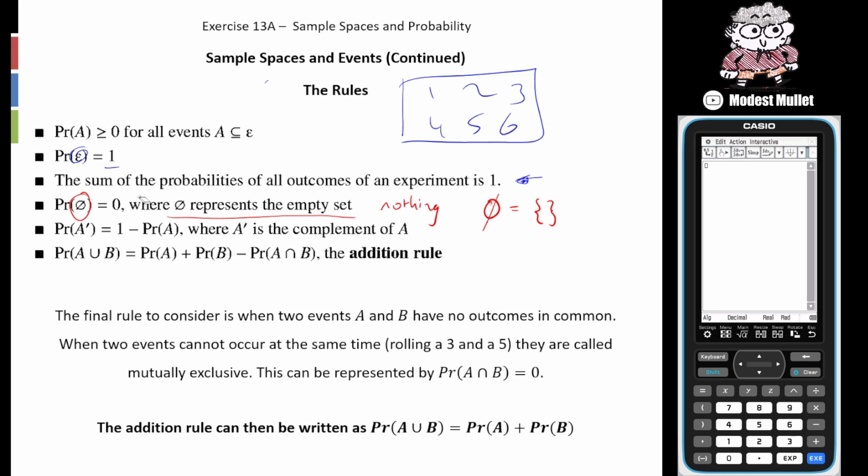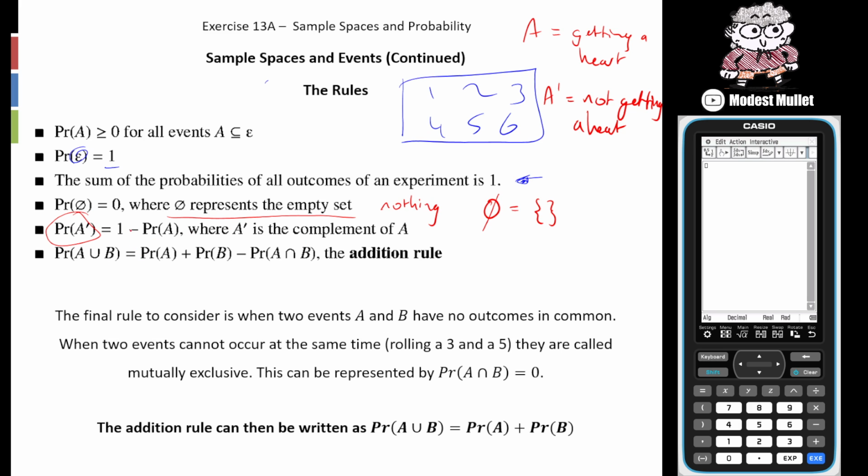The complement of a probability. A dash here means complement, means the opposite. So let's say A is equal to getting a heart, that means A dash must be not getting a heart. So it's just the opposite.